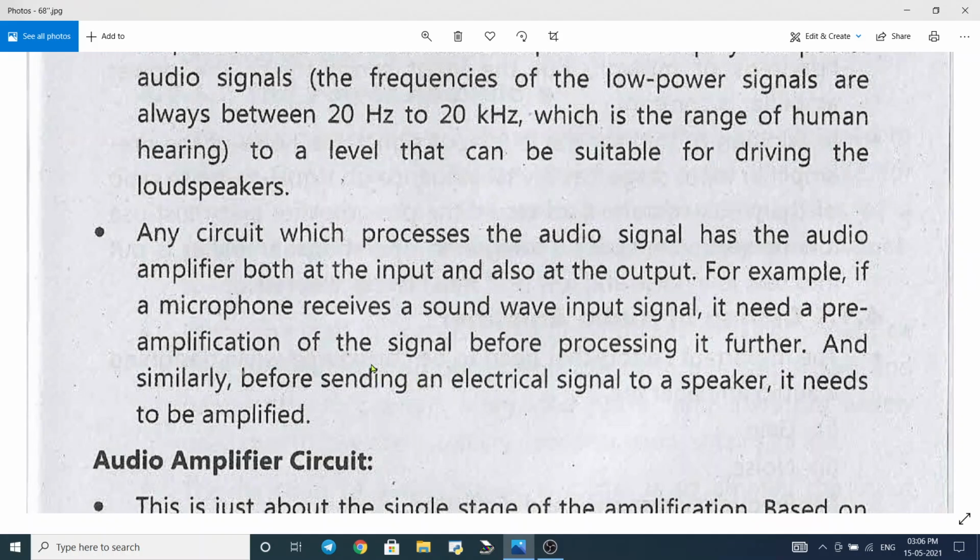Then and only then will the signal be effectively transferred from microphone to power amplifier. So we need a pre-amplifier circuit. So let us see the audio amplifier circuit and its block diagram.